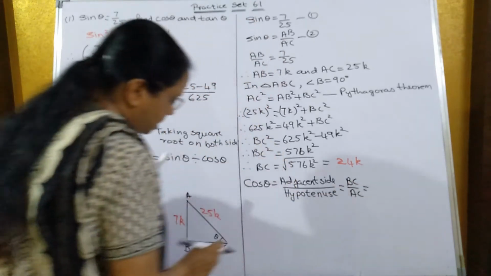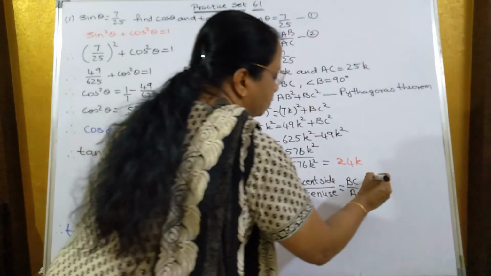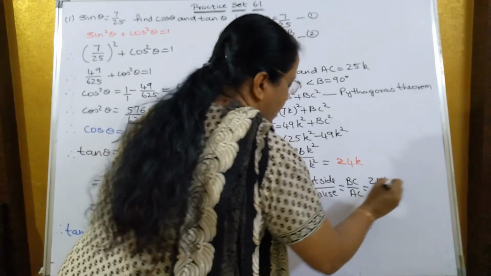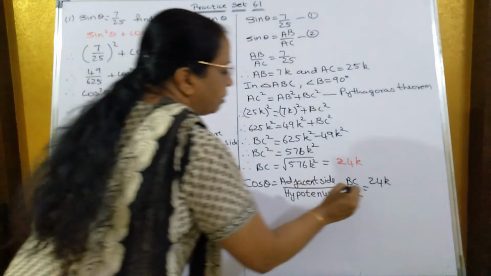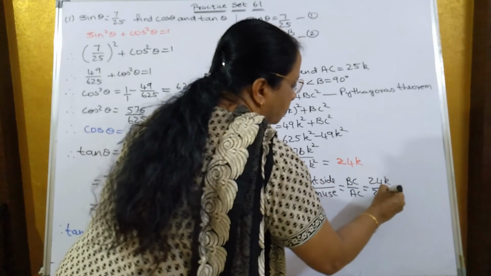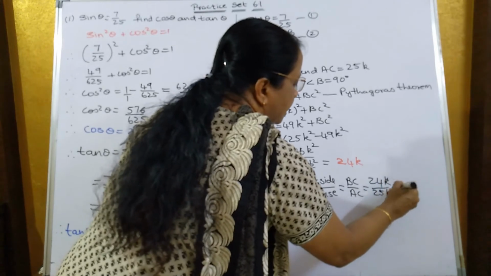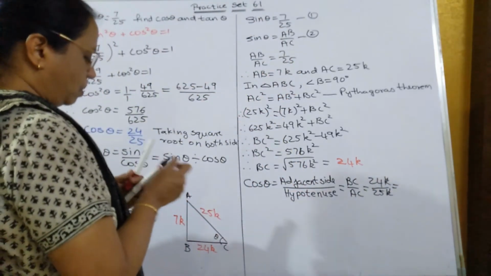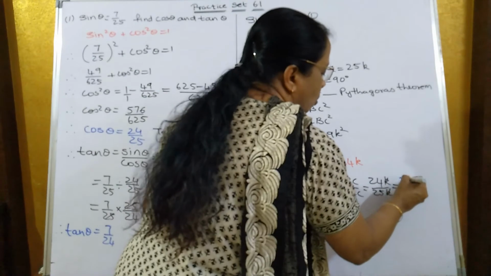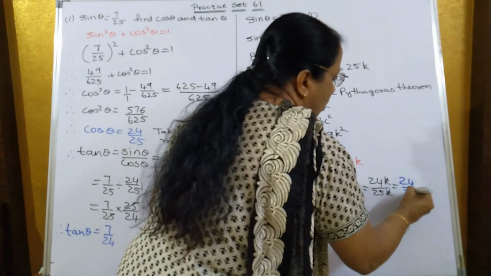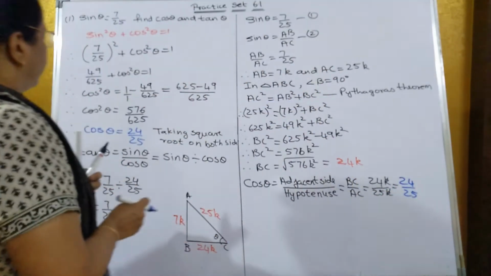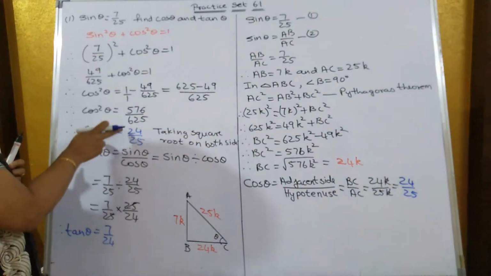So BC we have got 24K, and AC we have got 25K. K and K will get cancelled. So cos theta is equal to 24 upon 25. So here also we got cos theta as 24 upon 25.